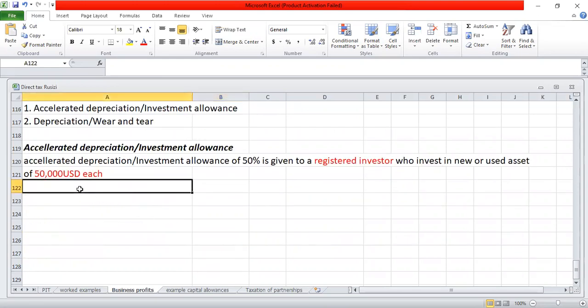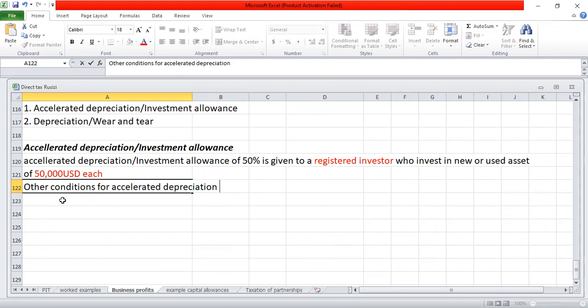Other conditions for accelerated depreciation. Number one, because these are the two important conditions: must be a registered investor and must invest in a new or used asset of $50,000 each.